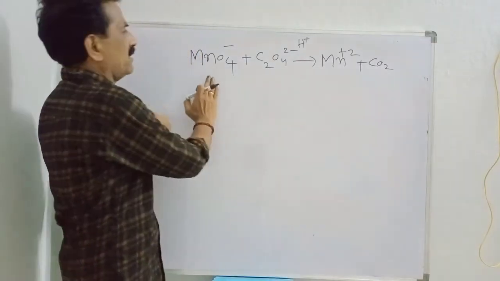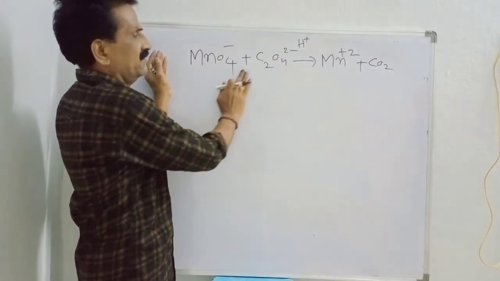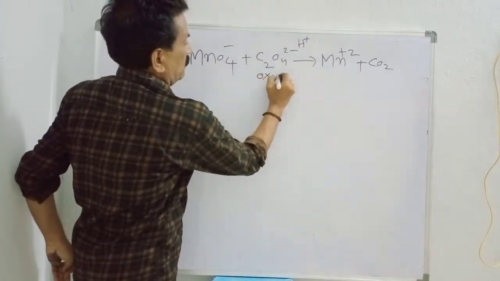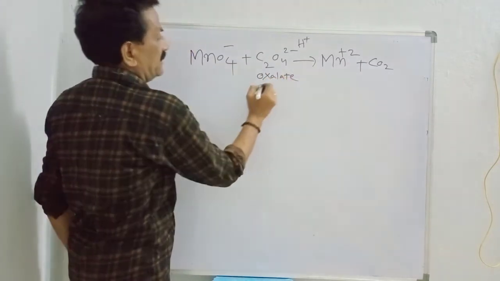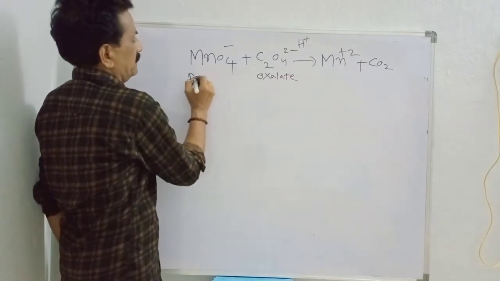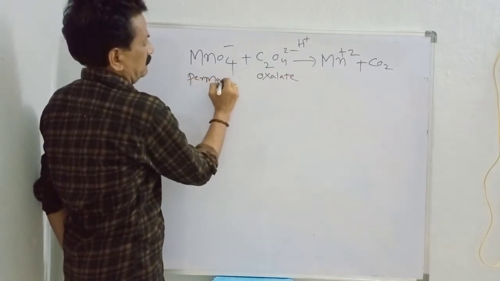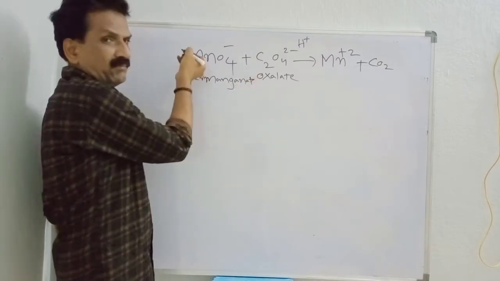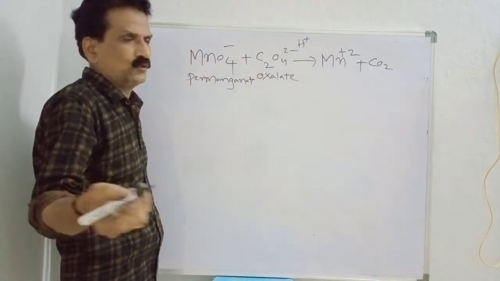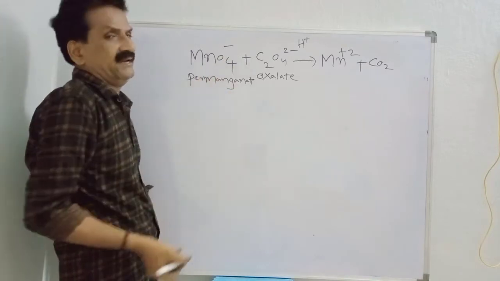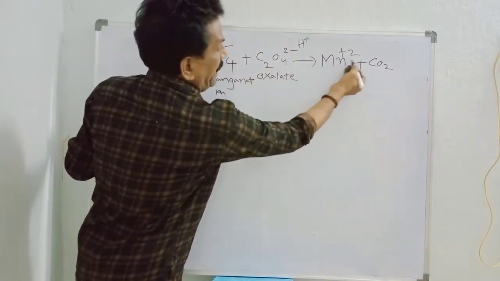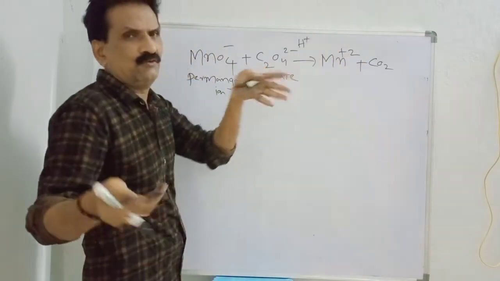So permanganate ion MnO4 minus, oxalate ion. You are supposed to know oxalate ion and permanganate. You know potassium permanganate, KMnO4, K plus MnO4 minus, permanganate ion. Manganese, carbon dioxide, you know very well.